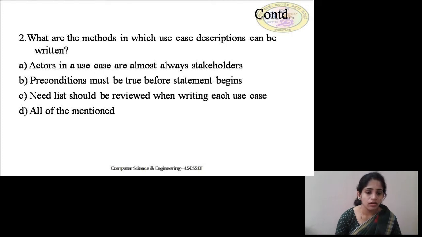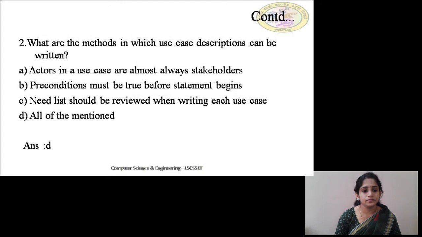Option D, all of the mentioned. As we know, a use case description contains all three. It contains actors, it contains preconditions, and it should also be reviewed in each case. The best suitable option for question 2 is option D, all of the mentioned.